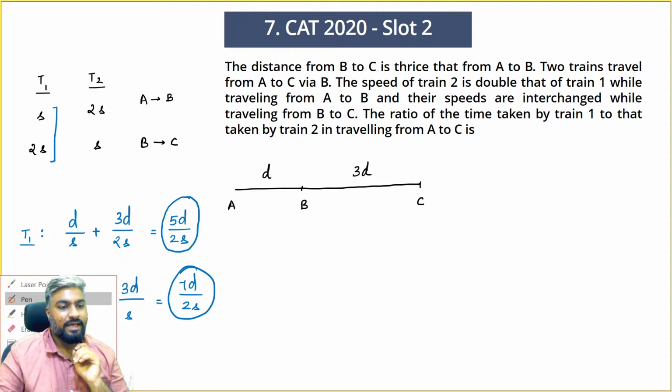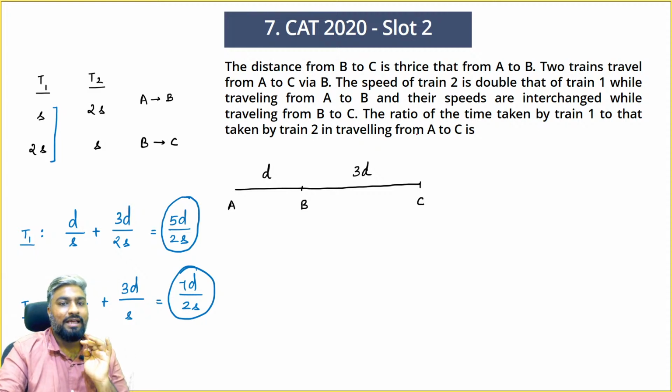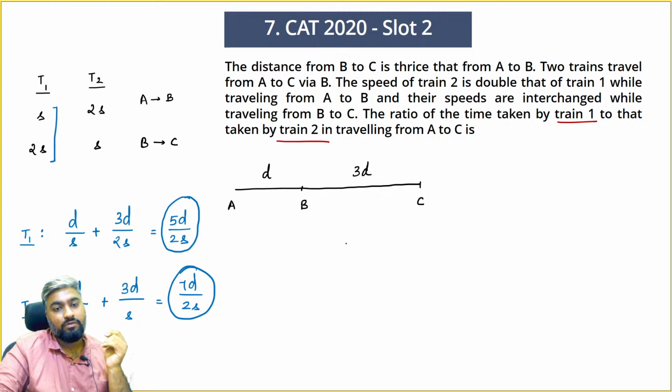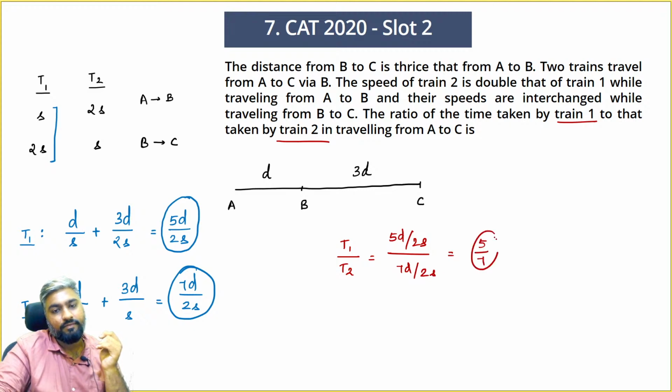The question is explicitly asking for the ratio of time taken by train 1 to train 2. That is 5D by 2S divided by 7D by 2S, which is 5:7. Clear, everyone?